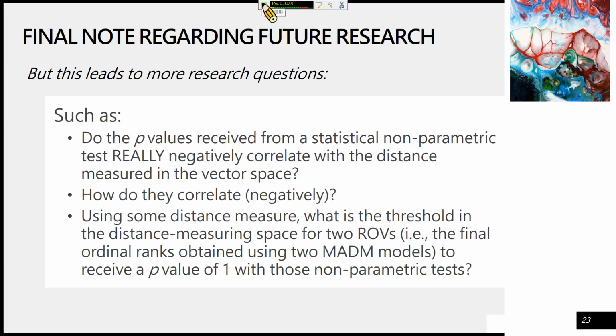And simply one such observation can draw several lines for future research. For example, how does the distance between two ROVs correlate negatively with the p-value of the tests made for them?